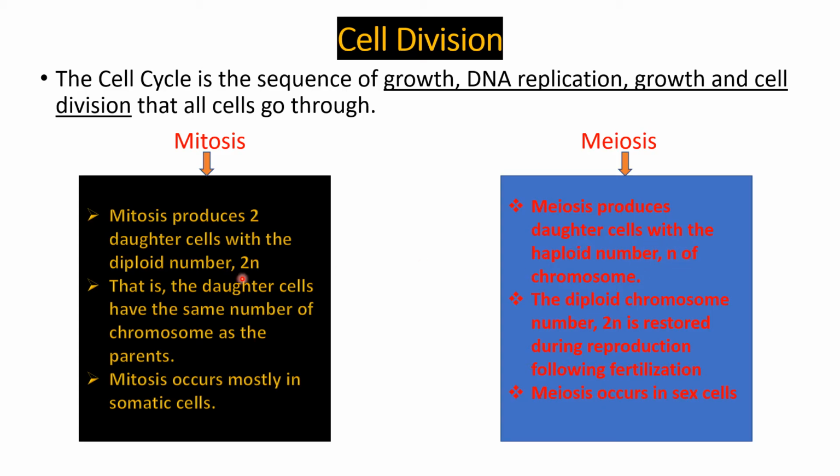So during mitosis, the daughter cells have the same number of chromosomes as the parents, and mitosis occurs mostly in somatic cells. In meiosis, on the other hand, the diploid chromosome number is only restored during reproduction following fertilization. Meiosis occurs in sex cells.